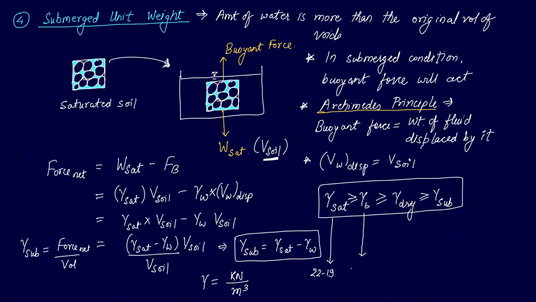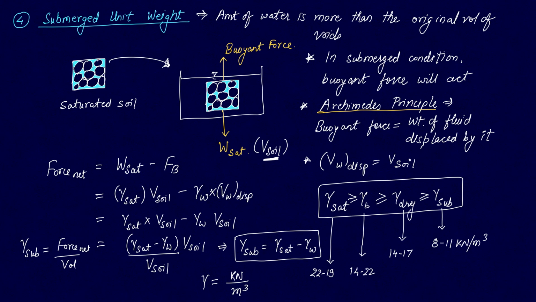The gamma bulk may lie between 14 and 22. Gamma dry lies between 14 and 17. Gamma submerged lies between 8 and 11 kilonewton per meter cube.